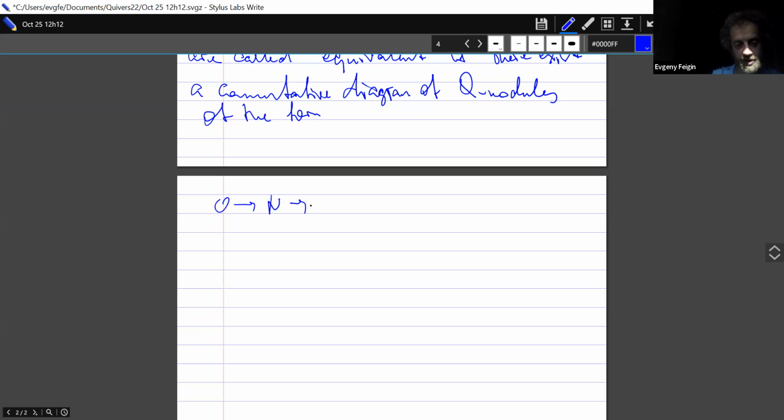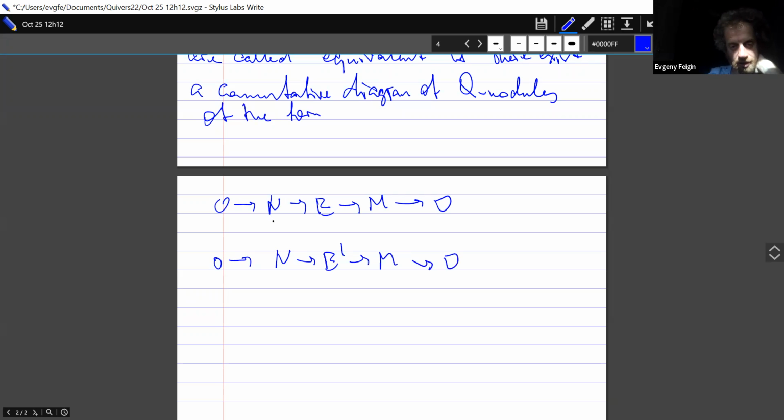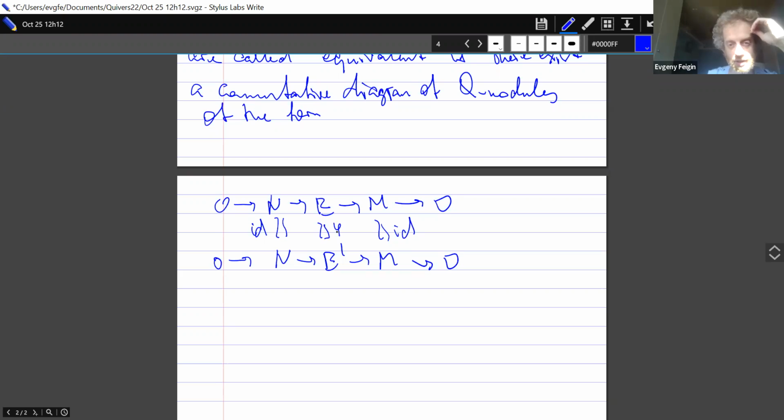So we have our first sequence, we have our second sequence, and we have the identity map here, another identity map here, and we have something here, an isomorphism. So this is the form of our commutative diagram.